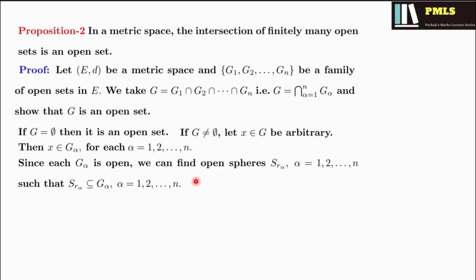So what we find is that we have taken an arbitrary point X in G, and since G is the intersection of all these open sets, X belongs to each of these open sets, and since these are open sets, for each of them we have open spheres such that each open sphere is a subset of the corresponding open set. It means SR1 is a subset of G1, SR2 is a subset of G2.